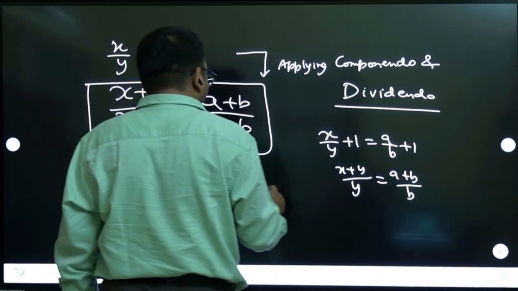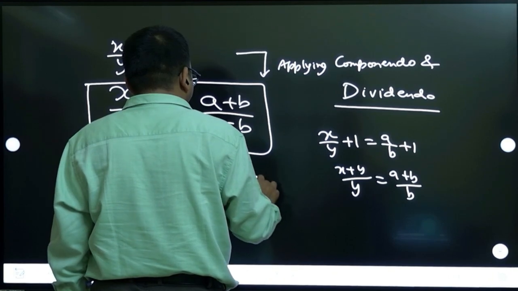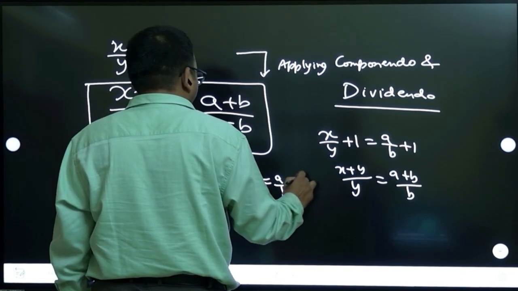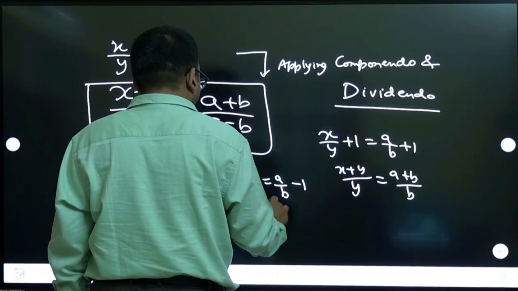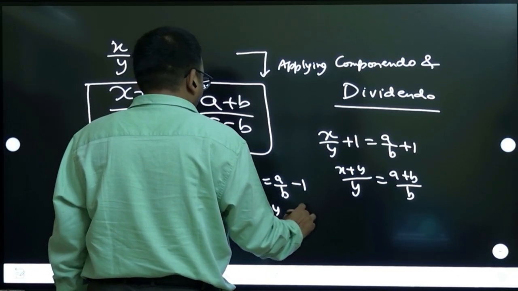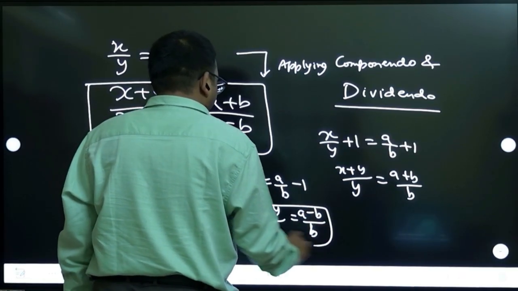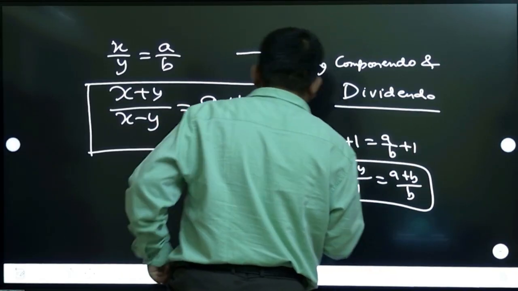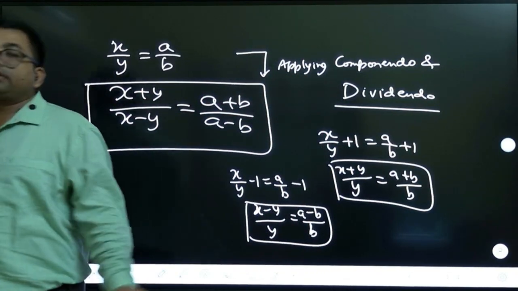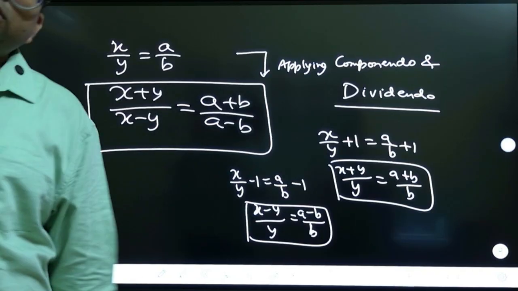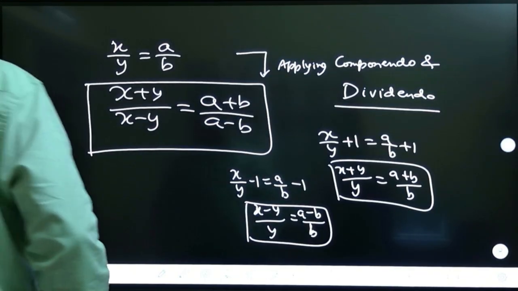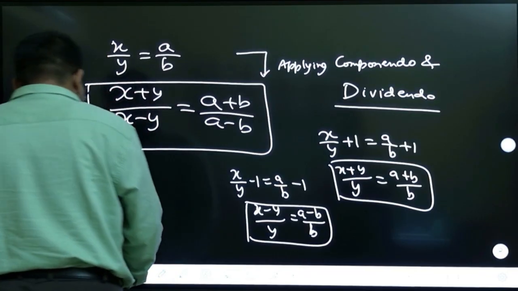If I subtract 1, then x by y minus 1 and a by b minus 1, so x minus y by y and a minus b by b. Now I can take the ratio of these two and you will get this. So the idea is not new, but it can save your steps in calculations. Okay, then what else?